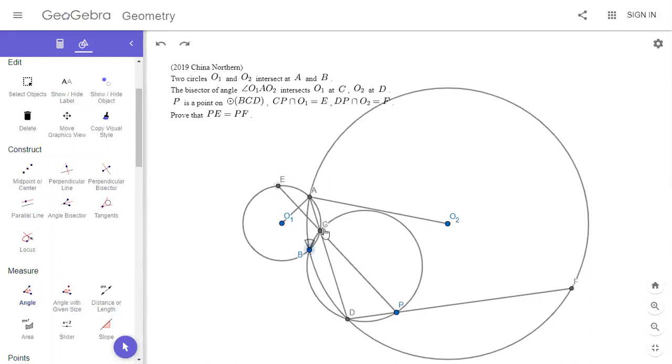Let me check that. Yeah. Can we show DBF equals EBC? So maybe those triangles are similar. I think we want to show triangle EBC is similar to DBF.